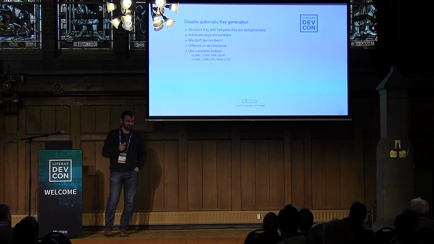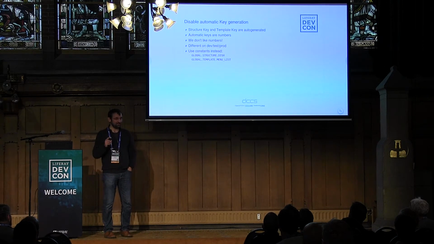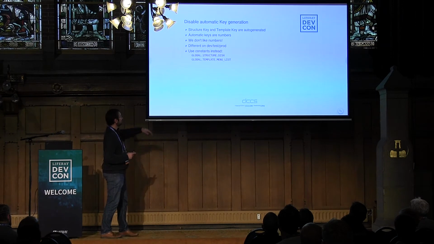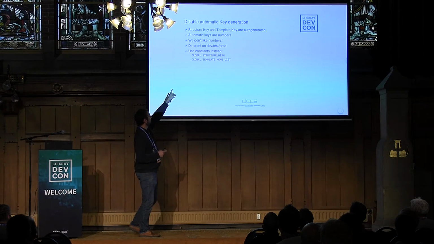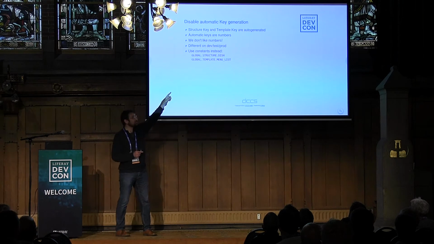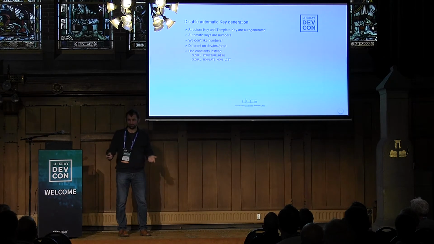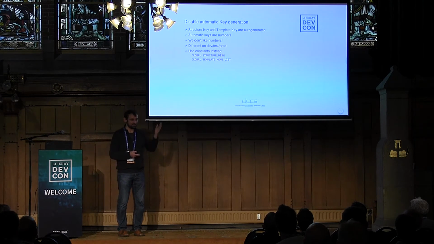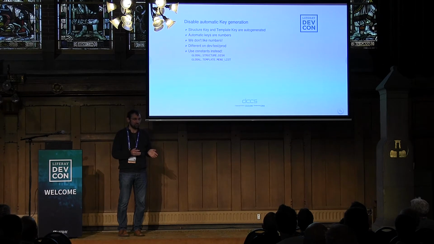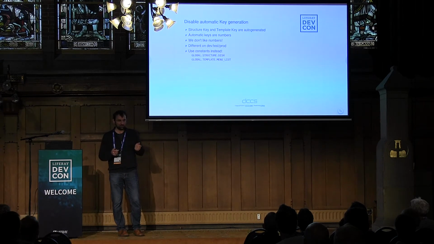When you disable that, you need to type the key in manually, but you can choose words. So we usually choose something like, we created in global, it's a structure, and it's a dish because it's for food. That's just a nomenclature we choose.